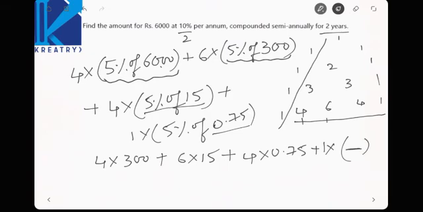This is very small. So add these all, you will get an answer of 1293, right? So this is an innovative manner to calculate compound interest.